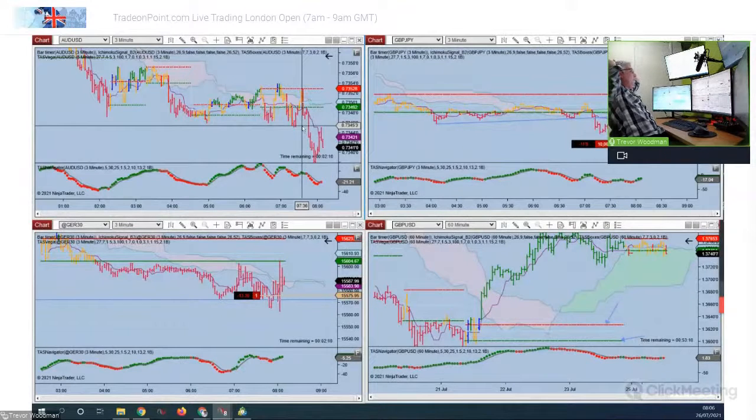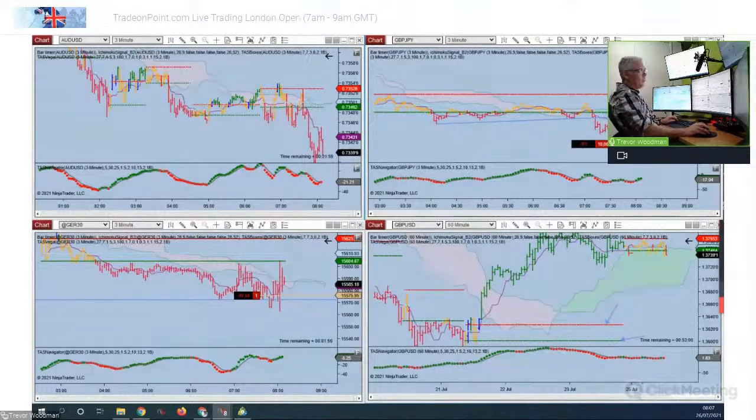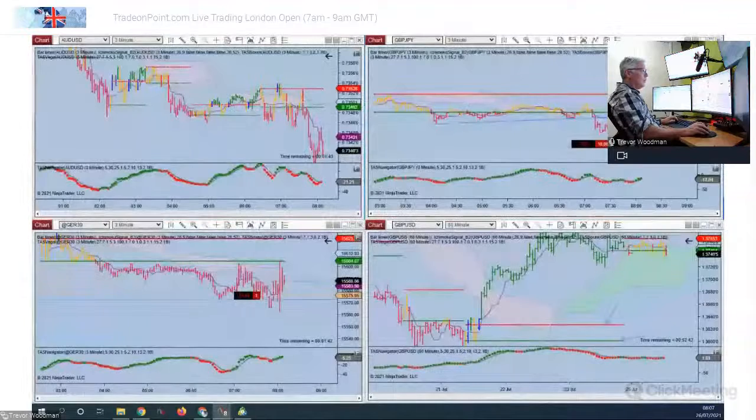So we can see, the open's unfortunately not that exciting today. We haven't even got a rally. Let's see what the Nasdaq's doing.